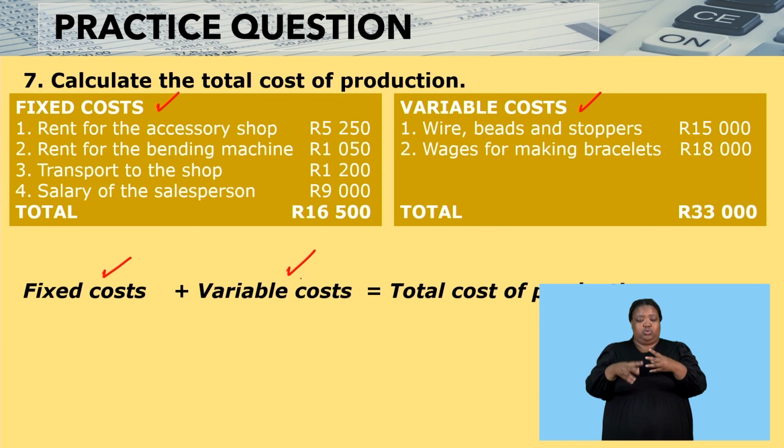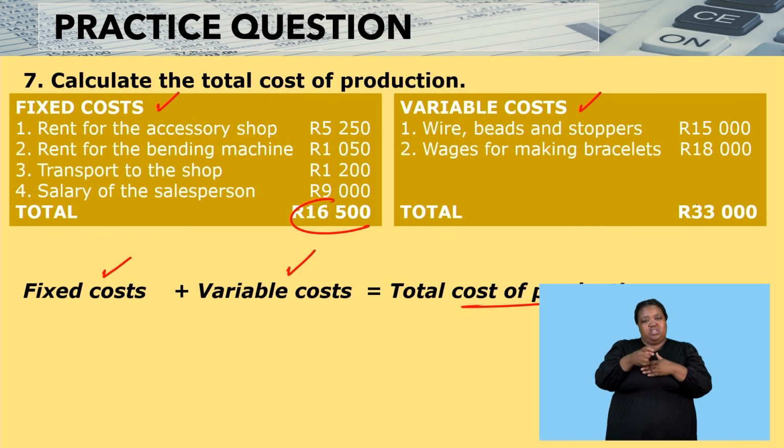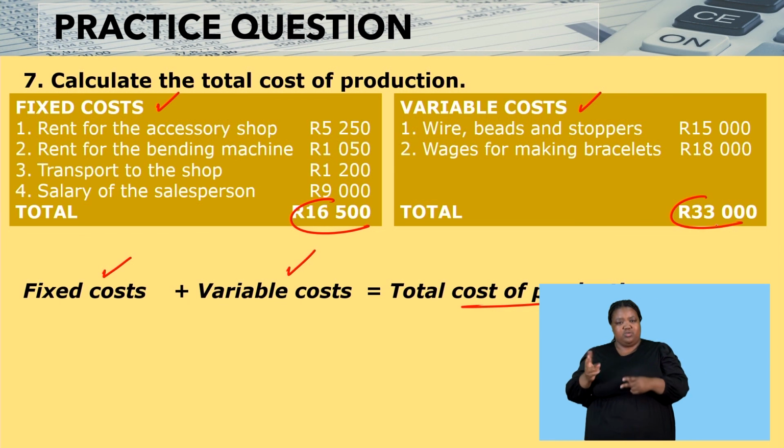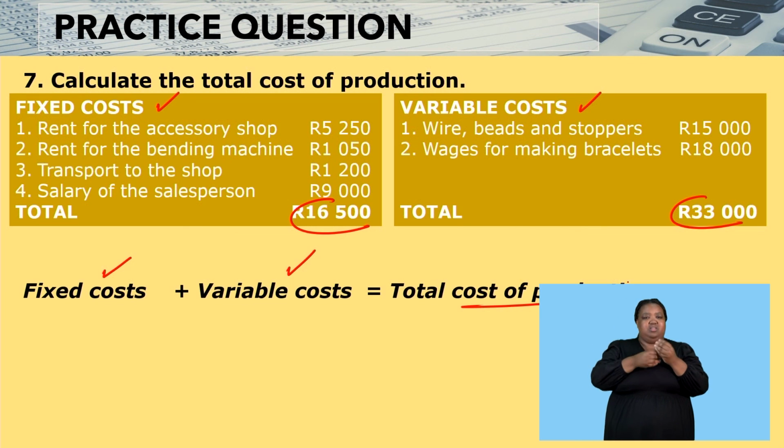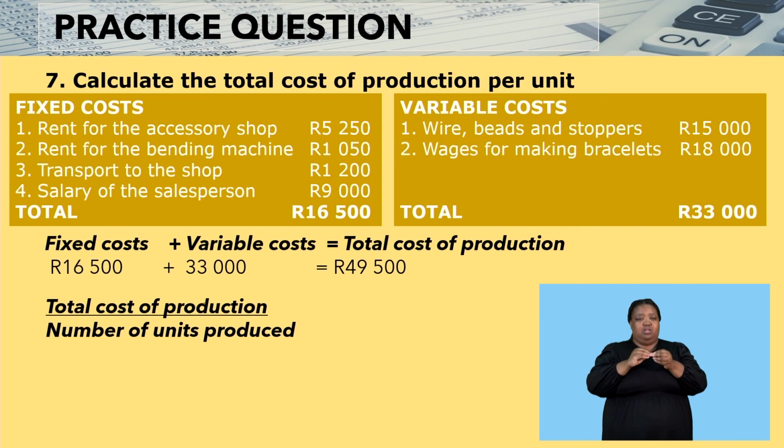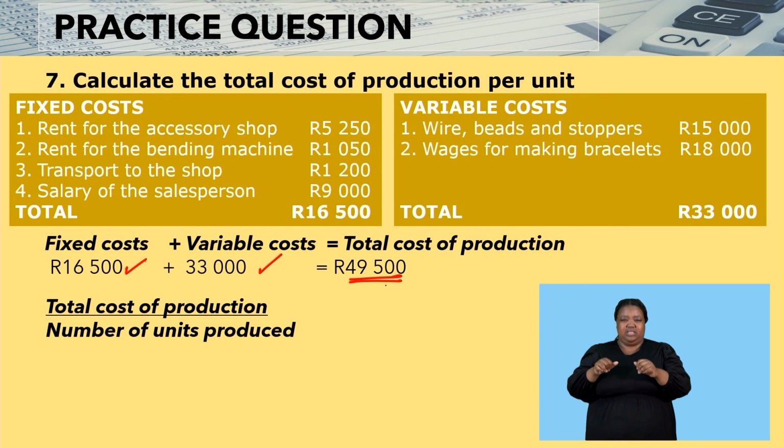I know my fixed cost is 16,500 and my variable cost is 33,000. So if I add these two amounts, 16,500 plus 33,000, that gives me 49,500. That is my total cost of production.